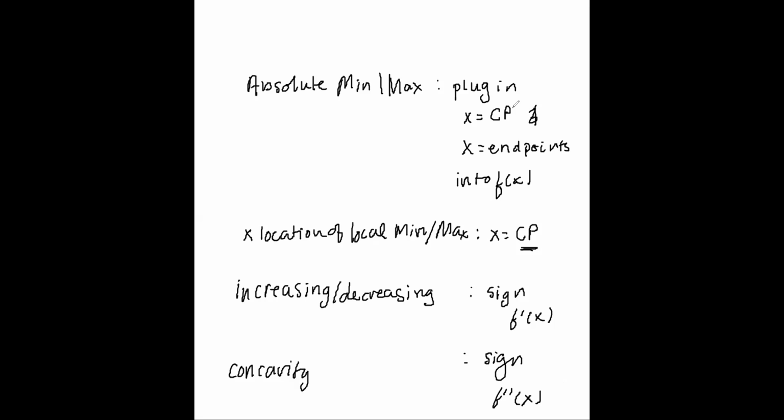So you're going to need to find the critical points in order to get the absolute min and max, but you are going to be plugging all of that information into the original function. And again, you're going to need to use the first derivative to find the critical points. Okay.